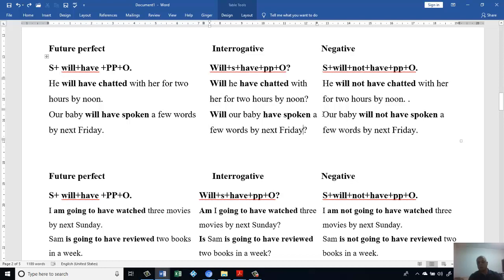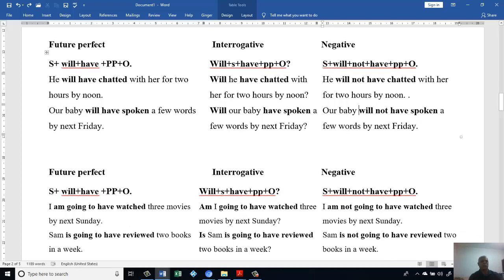If we make a negative, same thing, we just position "not" after will. Say, our baby will not have spoken a few words by next Friday, or you could say, our baby won't have spoken a few words by next Friday.